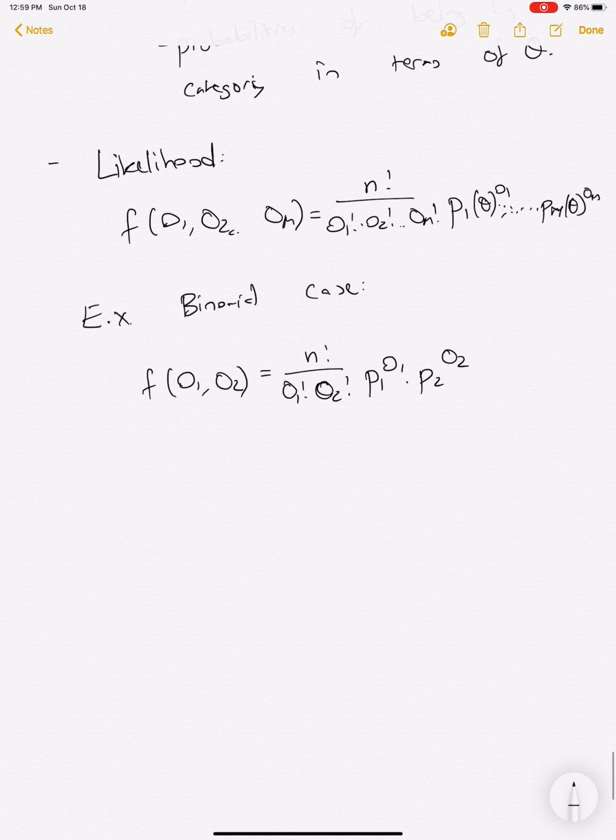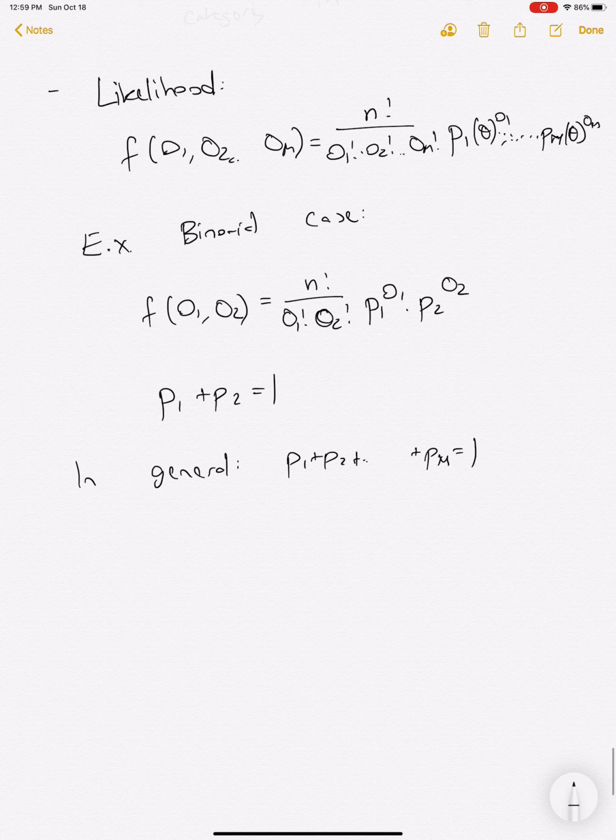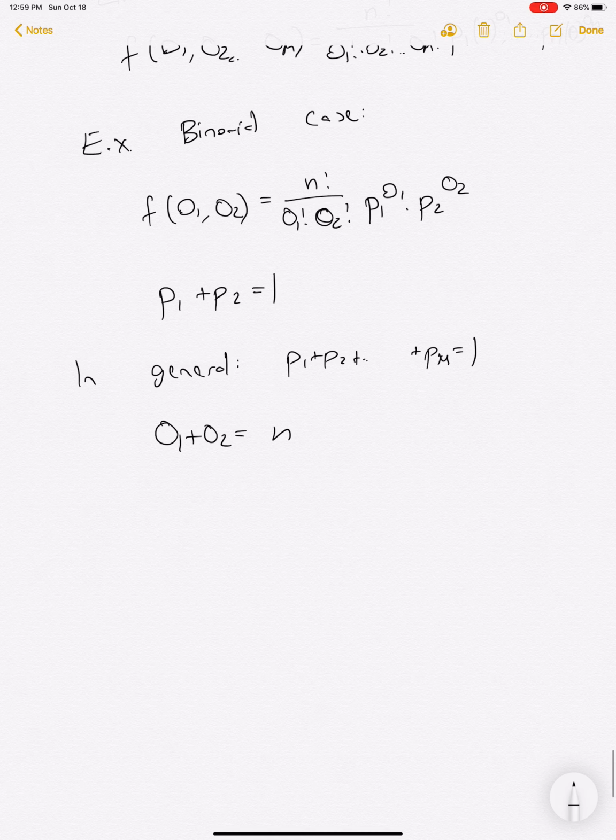But what's going on here is that we have this constraint. Remember that P1 plus P2 equals 1, and in general P1 plus P2 plus up to PM is equal to 1. And we also have that O1 plus O2 has to equal n, and in general O1 plus O2 plus up to OM is equal to n.